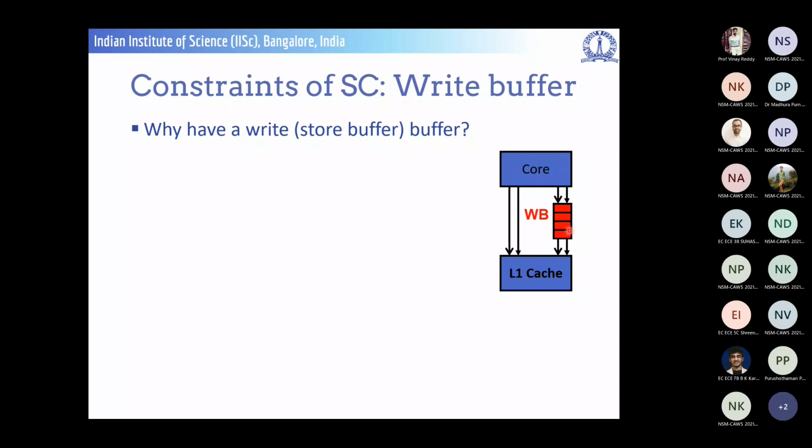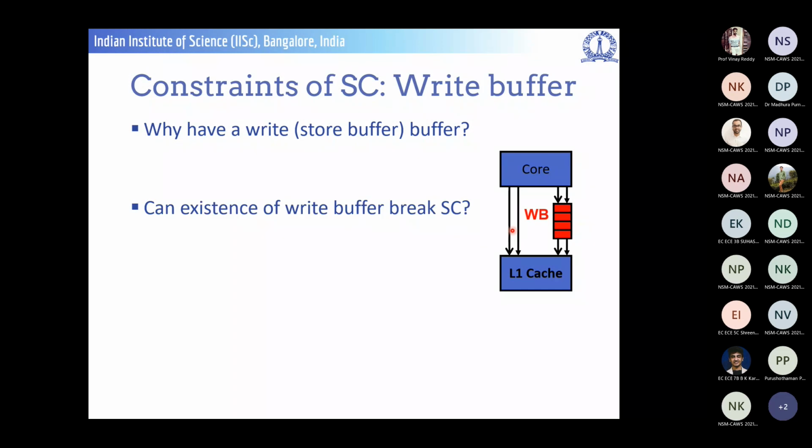It can push the store to A to the write buffer, and the load can go on and check the caches. It might miss in the L1 cache, go to the L2 cache, L3 cache. It doesn't matter, right? This load doesn't have to wait for an earlier store to a different address, because semantically, if you just consider that particular core and thread, that is perfectly fine to do. And if it is a single-threaded program, for example, this is a perfectly fine thing to do.